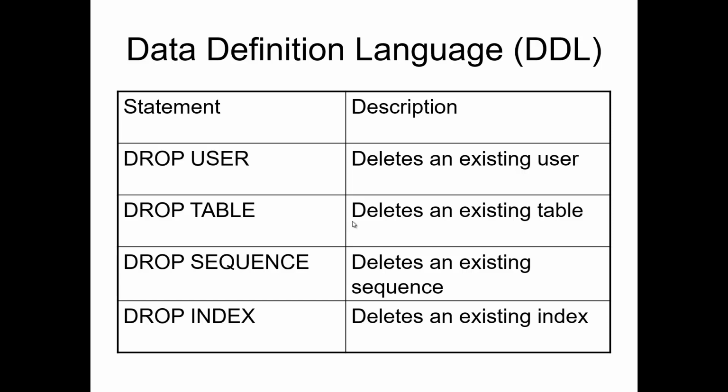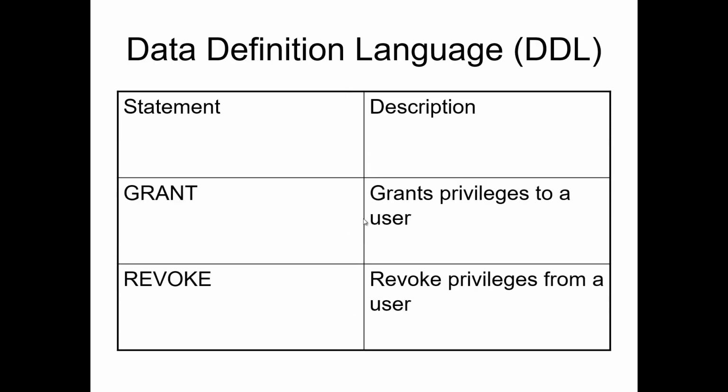As we created users, tables, sequences, and indexes, we can use the drop statement to delete what was created if needed. We can use the grant statement to grant privileges to a user, and we can use the revoke statement to revoke privileges from a user.